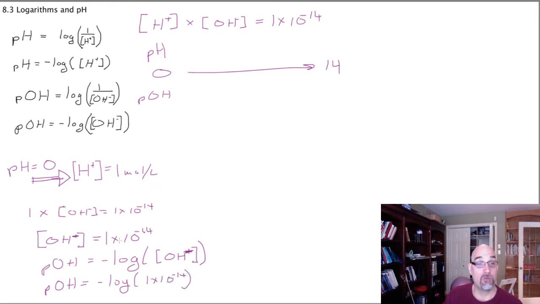Remember, 10 to the minus 14 corresponds to this pH of 0, where H is 1. And from this formula here, if H is 1, then OH is 1 times 10 to the negative 14. So the negative of the log of 10 to the minus 14 is just 14. Remember, we saw this before. The log of 10 to the minus 14 is minus 14. The negative of that is 14. So when the pH is 0, the pOH is 14.